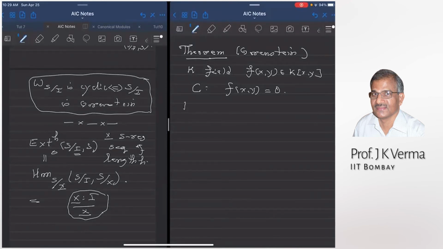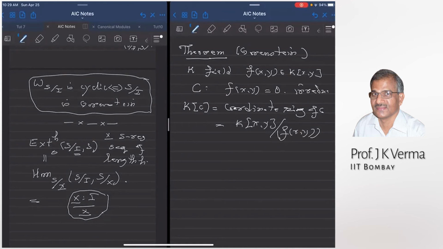The affine coordinate ring of C is simply K[x,y] over (F(x,y)), and assume this is irreducible. Therefore, K[C] is a one-dimensional domain, and it is Cohen-Macaulay.